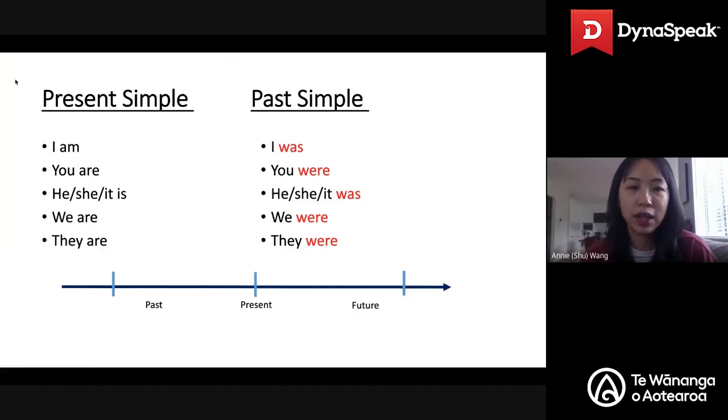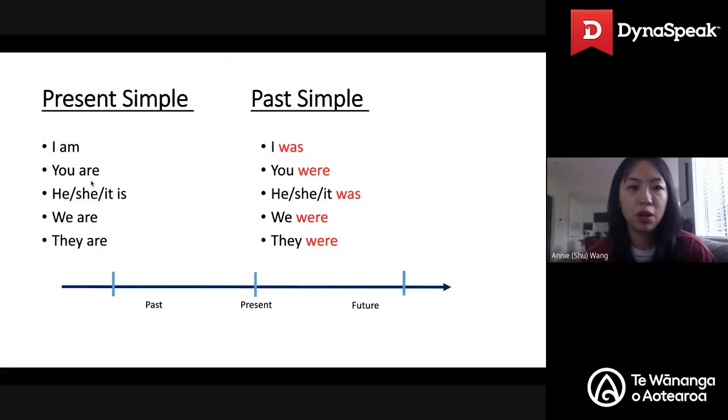Okay, in past simple, let's look at the be verbs first. We use I am, you are, he is, she is, or it is, we are and they are. But if we talk about the past, something that happened before the present, we need to change the verb to the past form. So I am will be changed to I was.